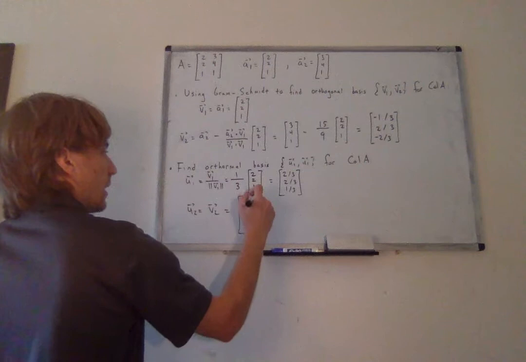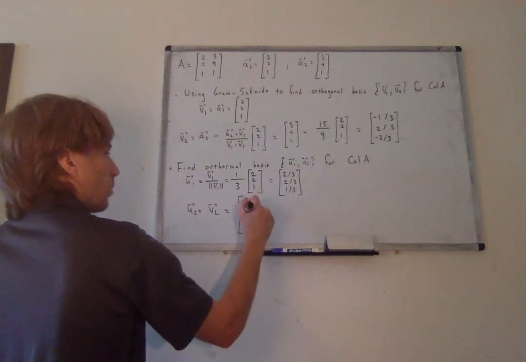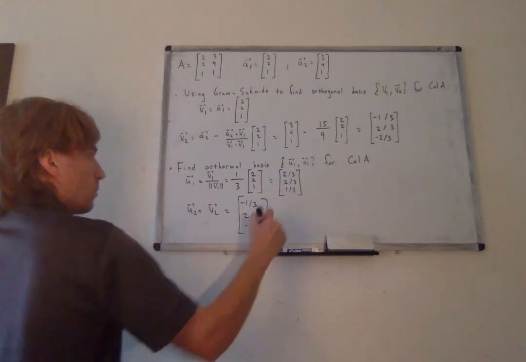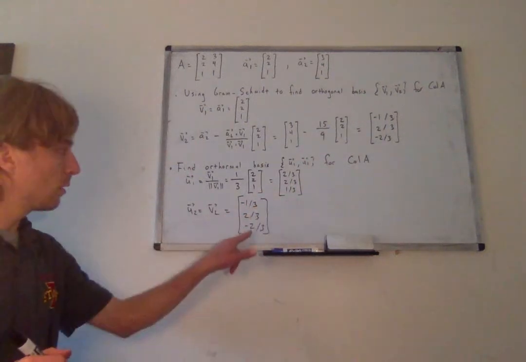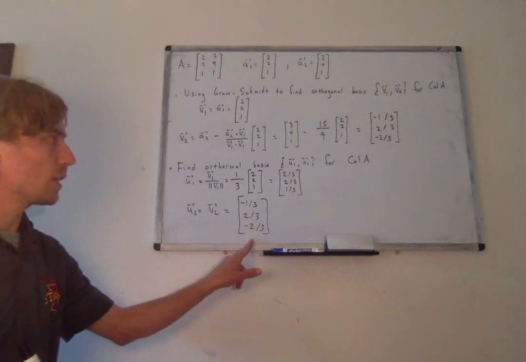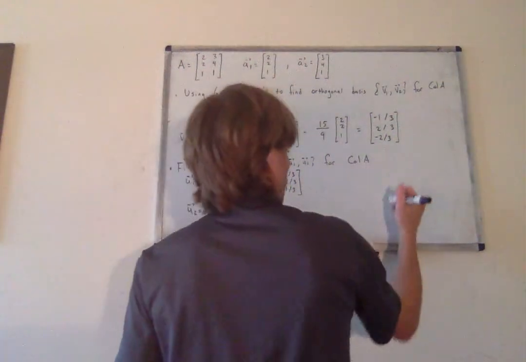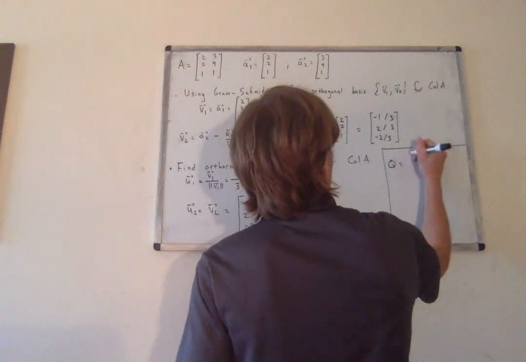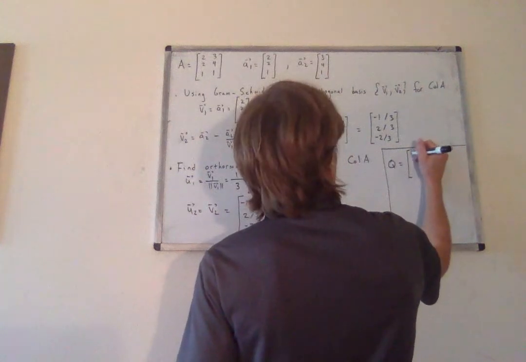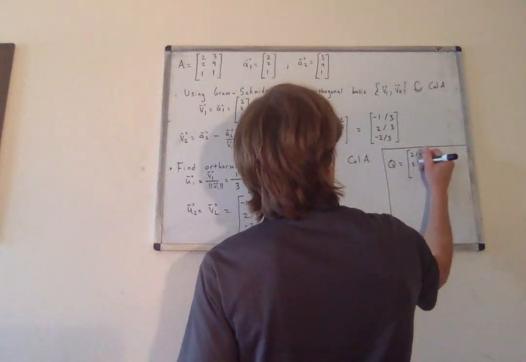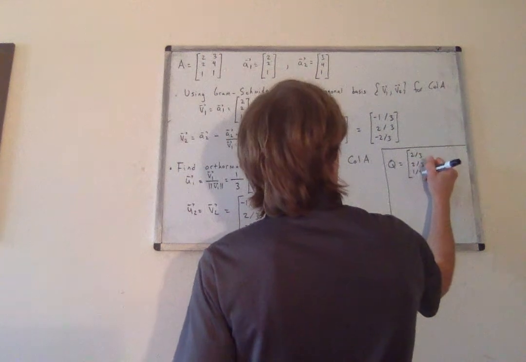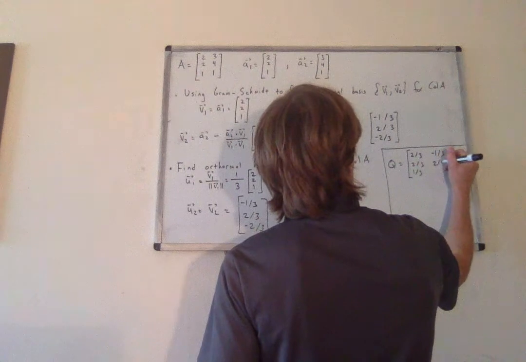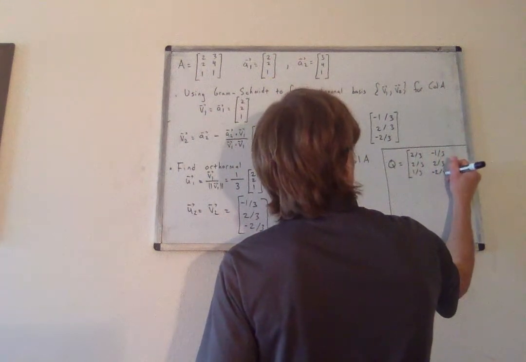And so we actually already have our orthonormal basis for the column space of A, which is the vectors 2/3, 2/3, 1/3, and negative 1/3, 2/3, negative 2/3. And so I'll save Q over here. Our matrix Q in the QR factorization of A is 2/3, 2/3, 1/3, negative 1/3, 2/3, negative 2/3.